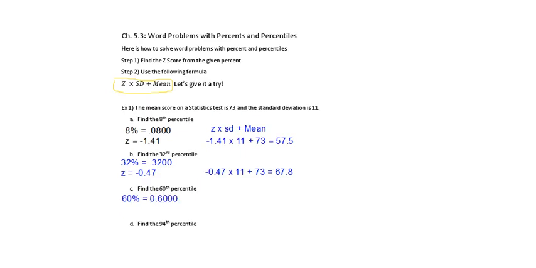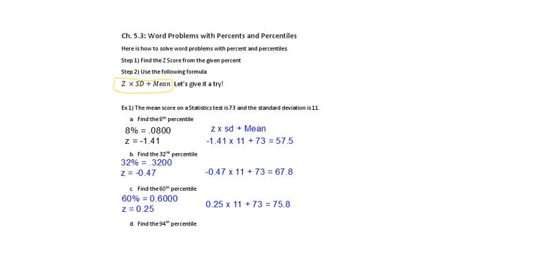And if you look that up in the middle of the chart, the z-score is 0.25. So now we can use our formula. So 0.25 times 11 plus 73. And that's equal to 75.8.